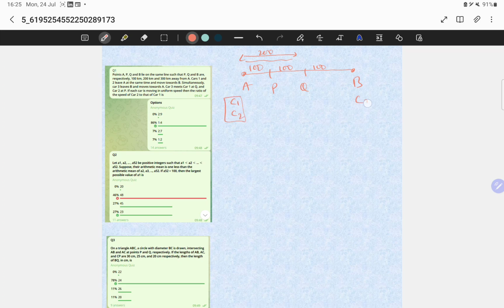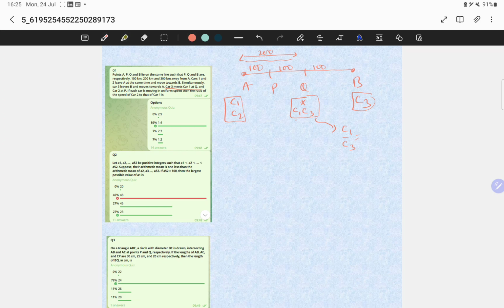C1 and C2 move from A, and C3 moves from B, so C1 and C2 move towards C3 and C3 towards C1 and C2. Now it is given that car 3 meets car 1 at Q. So C1 and C3 will meet there. Writing the speed ratio as the distance ratio, C1 by C3 equals C1 traveled how much?